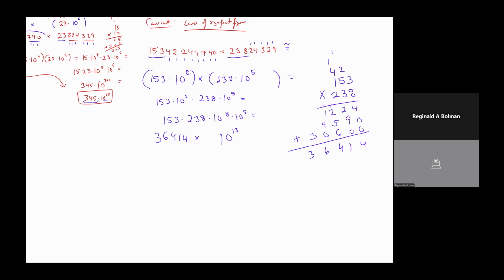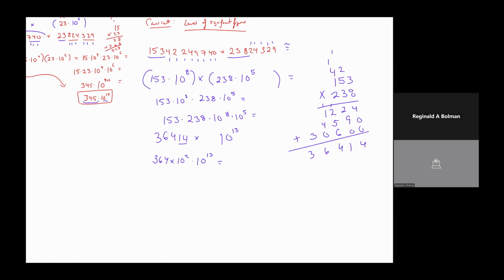Consider that there are 5 digits here, whereas there's only 3 digits for our other answer. If we were to think about changing this 36414 to something that only has 3 digits, you could say that this is roughly 364 times 10 to the second power.